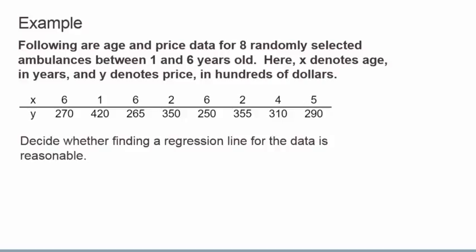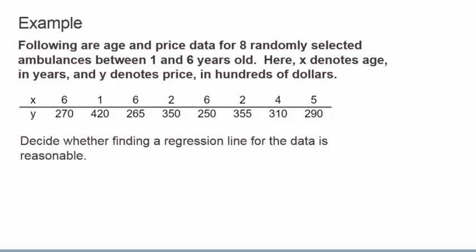Example. Following are age and price data for 8 randomly selected ambulances between 1 and 6 years old. Here, X denotes age in years and Y denotes price in hundreds of dollars. When X is 6, Y is 270. When X is 1, Y is 420. When X is 6, Y is 265.